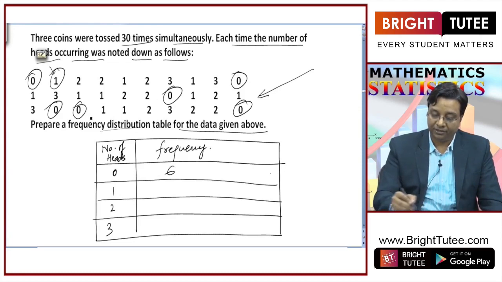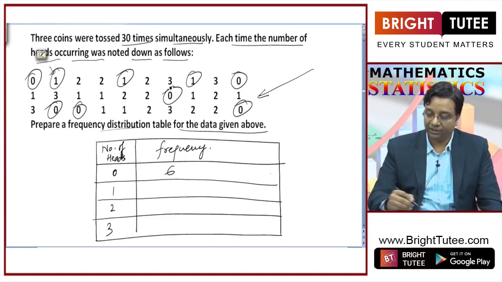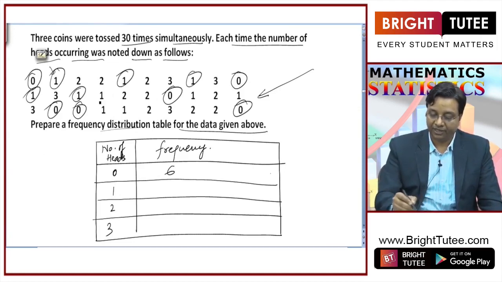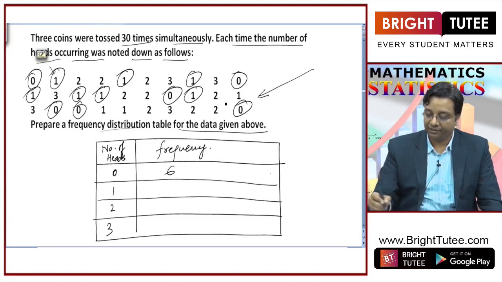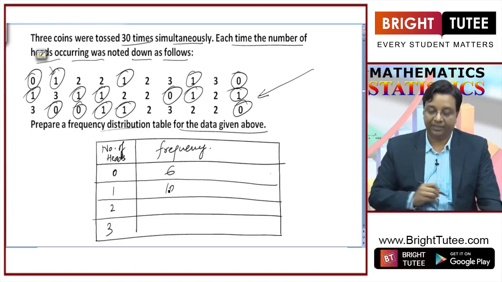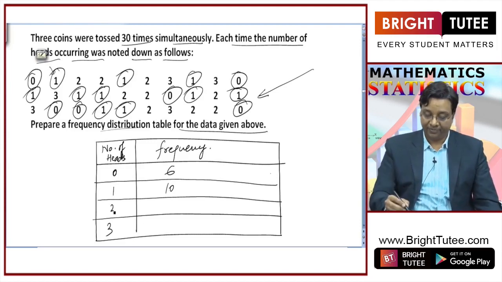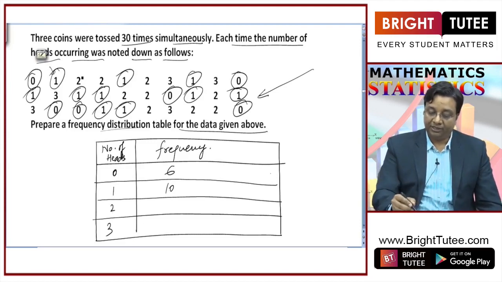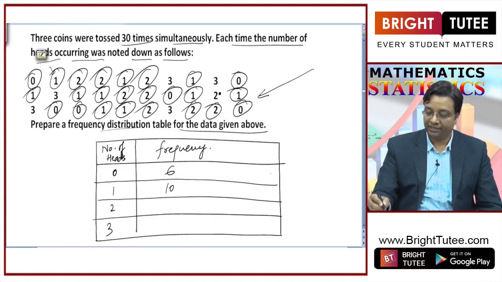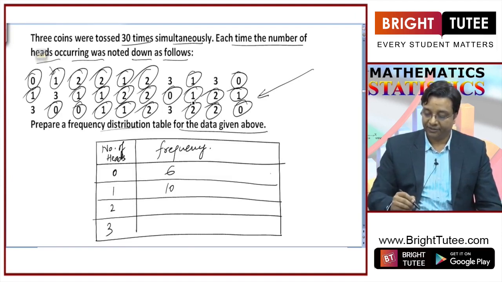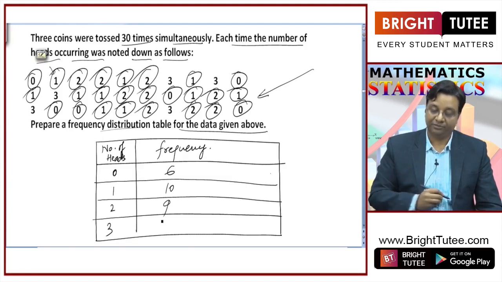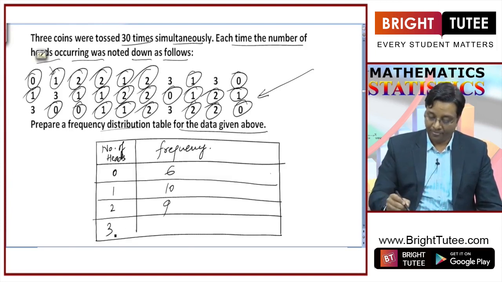1 head: 1, 2, 3, 4, 5, 6, 7, 8, 9, 10. 10 times we got only 1 head. 2 heads: 1, 2, 3, 4, 5, 6, 7, 8, 9. There were 9 times we got 2 heads.